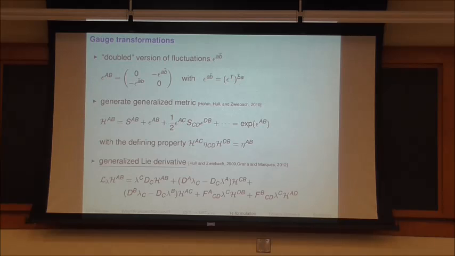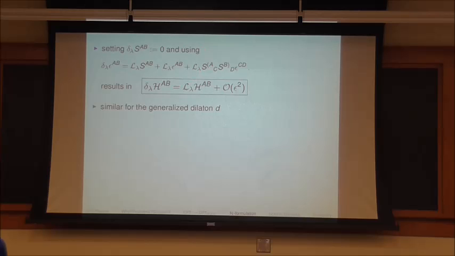And now we want to write down the generalized Lie derivative in the same way as we have for double field theory, where we express gauge transformations in terms of this generalized Lie derivative. We take the same ansatz as for normal double field theory, only with these flat derivatives instead of partial derivatives. We of course also have to add the structure coefficients, because remember, they were the additional part which we found, so we have to implement them in some way.